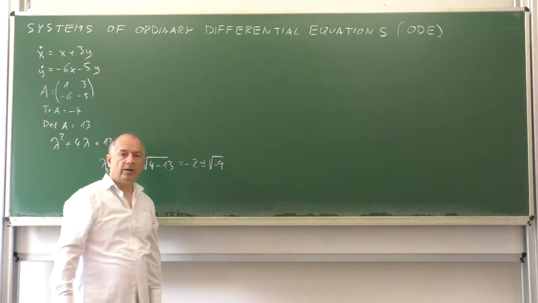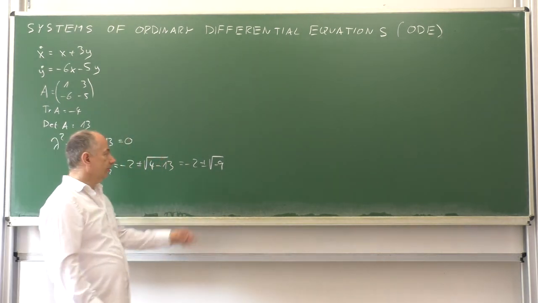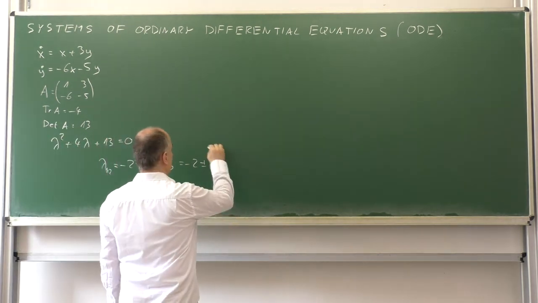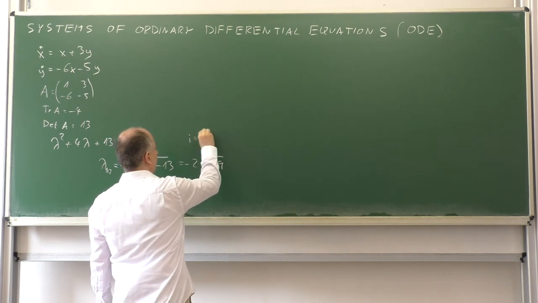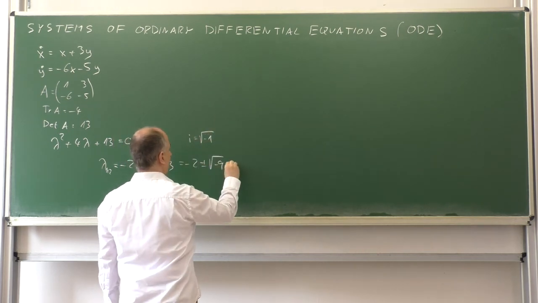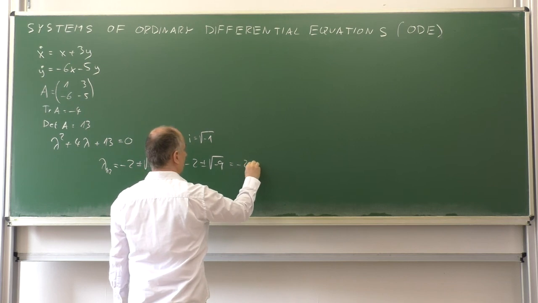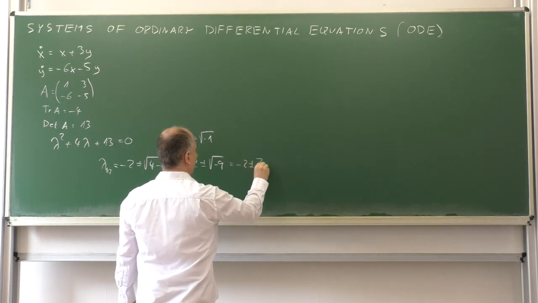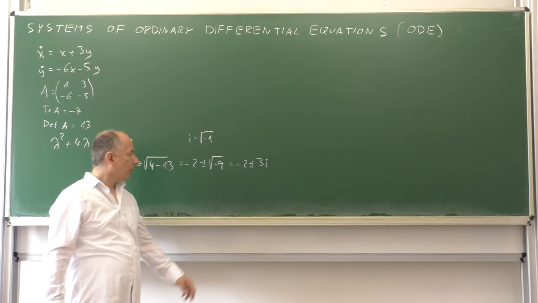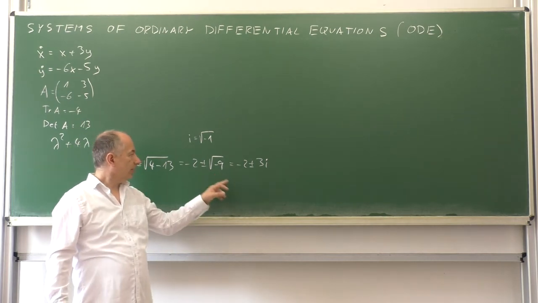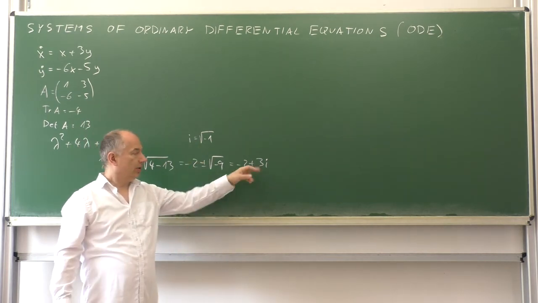And the square root of minus 9 is not a real number, but we can use i, the imaginary unit, and then we can write it as minus 2 plus or minus 3i. The square root of 9 is 3, and the square root of minus 1 can be written as i.